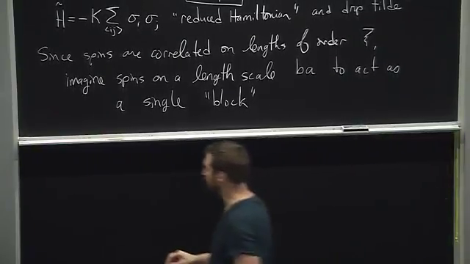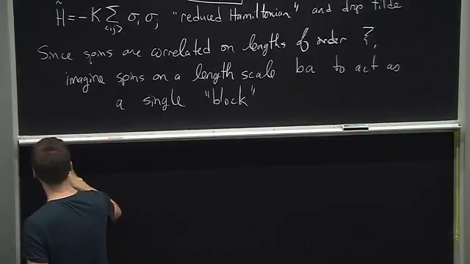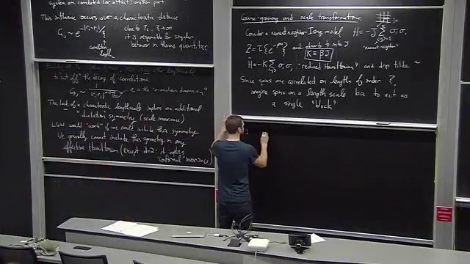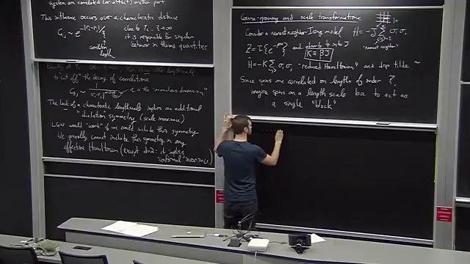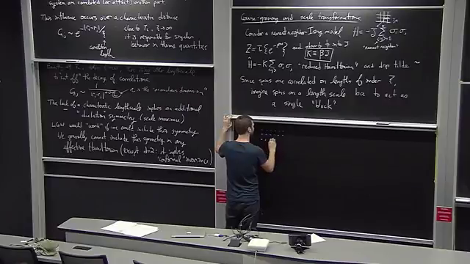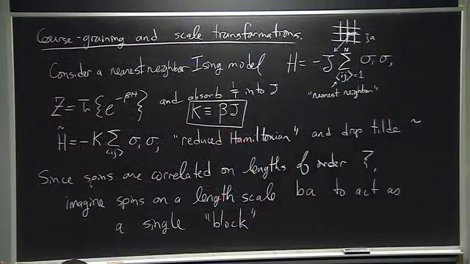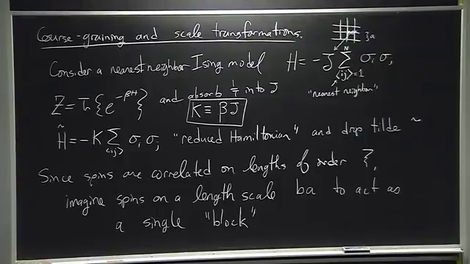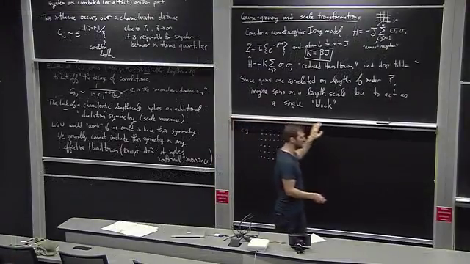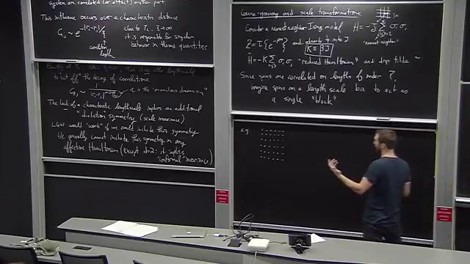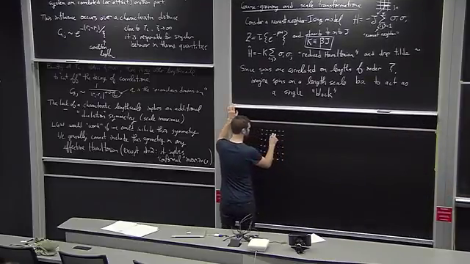Okay, so for example, imagine a 2D lattice. And I can define my B to be, depends what the correlation length is, but imagine chopping this thing up somehow like this.